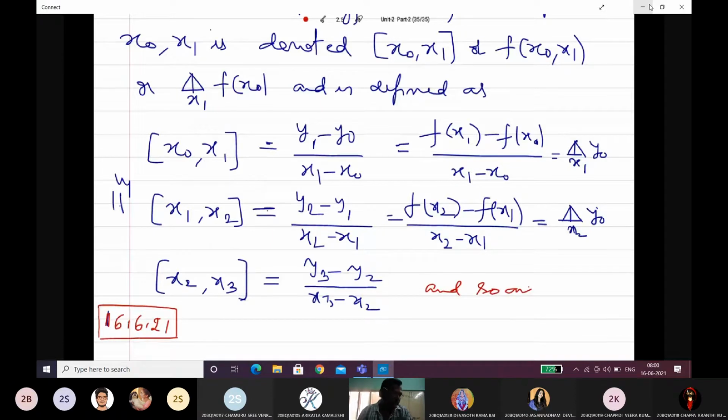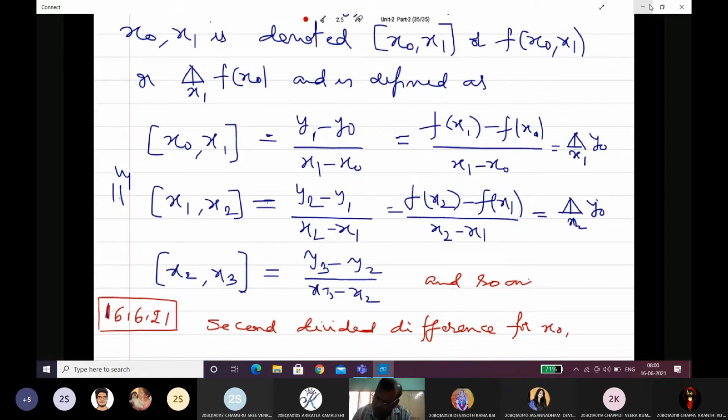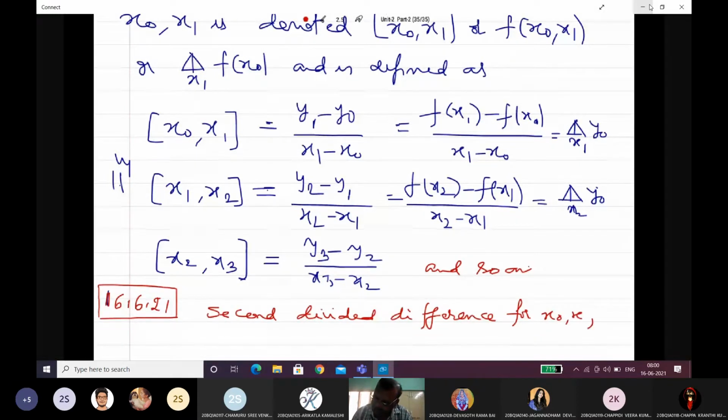Right? And again, we have to define the second order differences. The second divided difference. For the first divided difference we need 2 values, and for the second we need 3 values, that is x0, x1, x2.